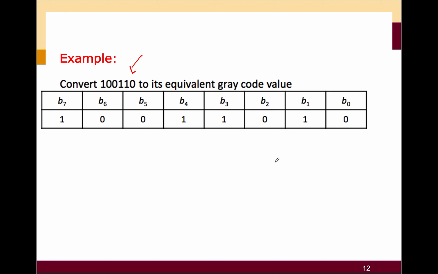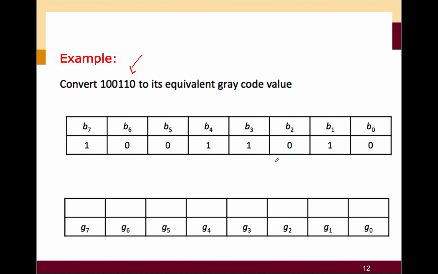So over here, first you directly bring the MSB down below, which is the first part of your gray code. And then I already showed you that you need to add.